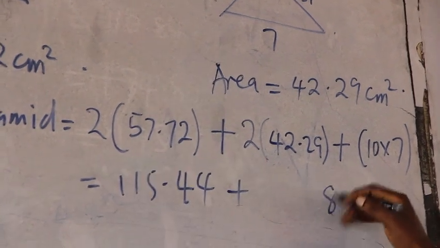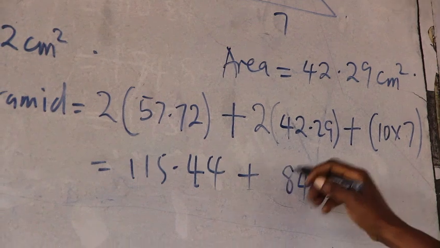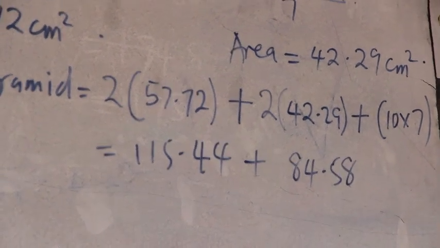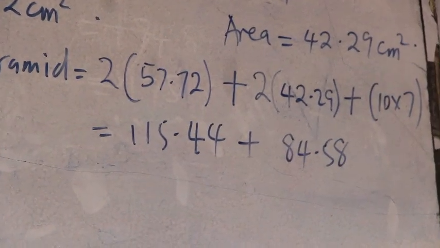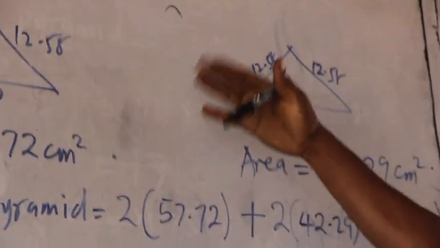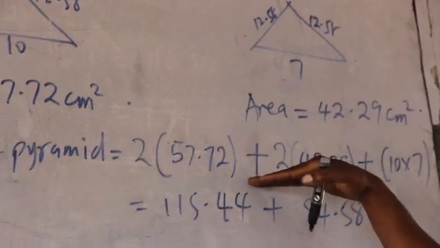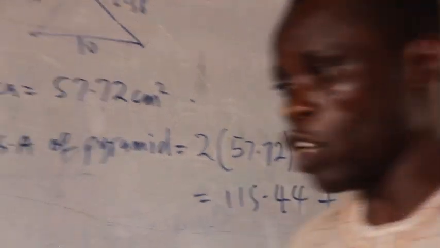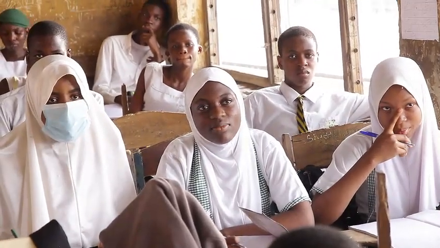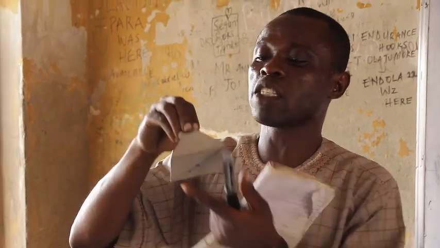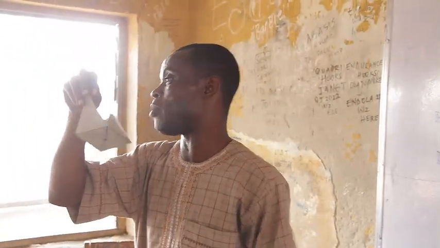Wait, you know this is not a square-based pyramid. For a square-based pyramid, you need just the area of one triangle and multiply by 4.